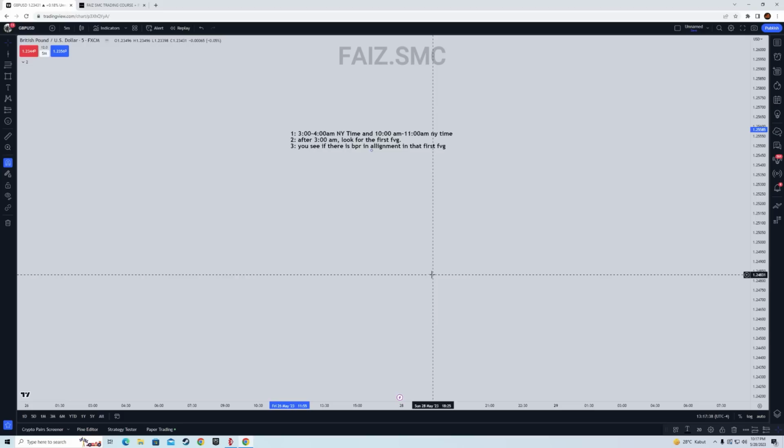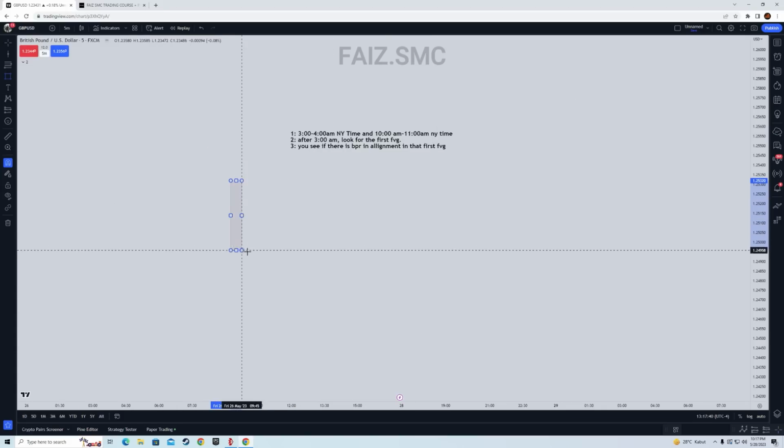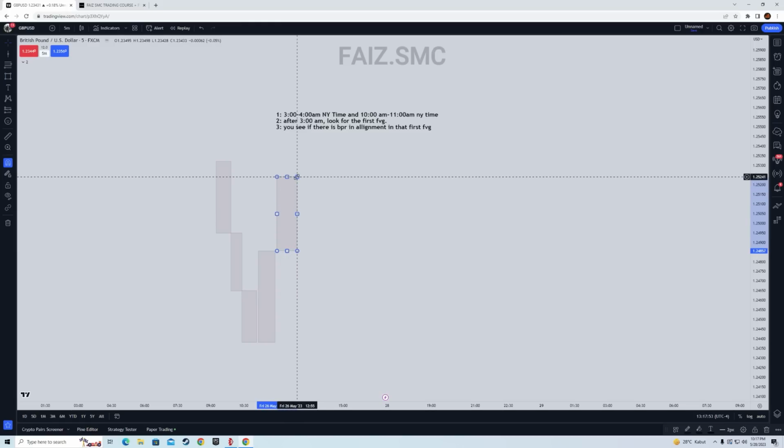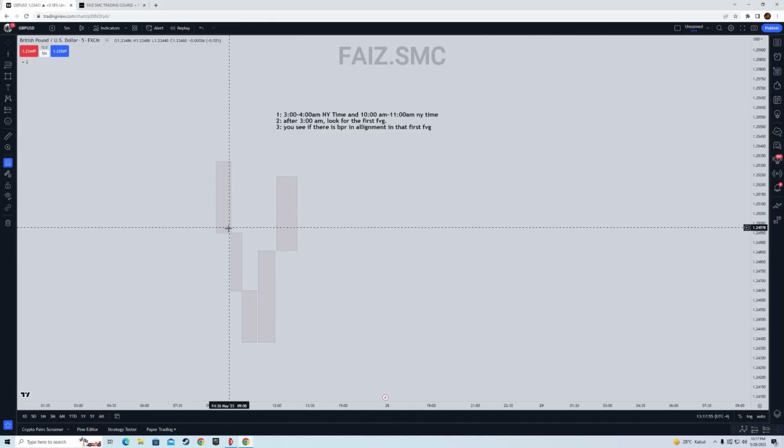And if you don't know what a BPR is, it is basically an old fair value gap that was not respected. So let's say price is going down and then price gets a displacement like that. Okay, and it goes up, right? So this is the old fair value gap and this is the new fair value gap.